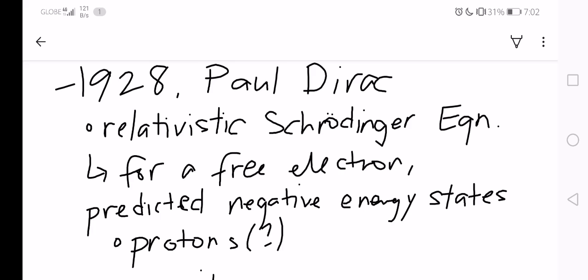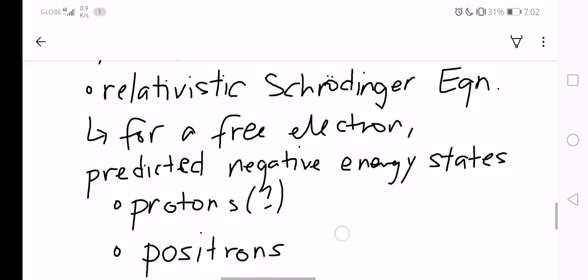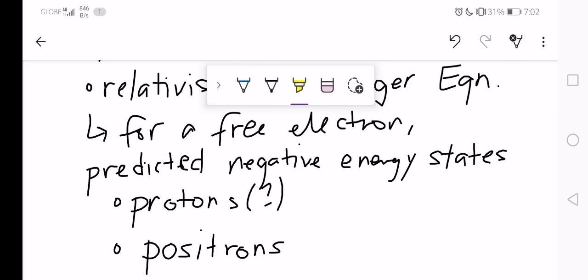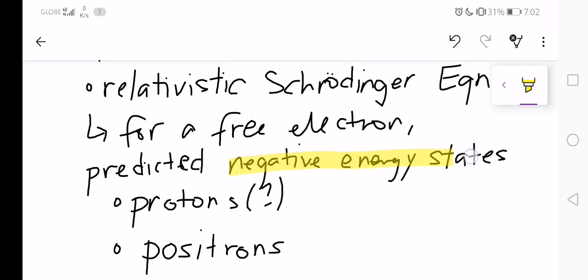He used the Dirac equation to solve the wave function of a free electron. And upon his solution, it was shown that there should be negative energy states present in the allowed energy states for the free electron.